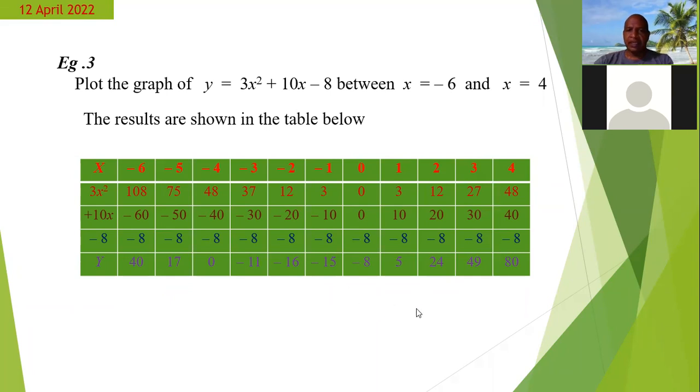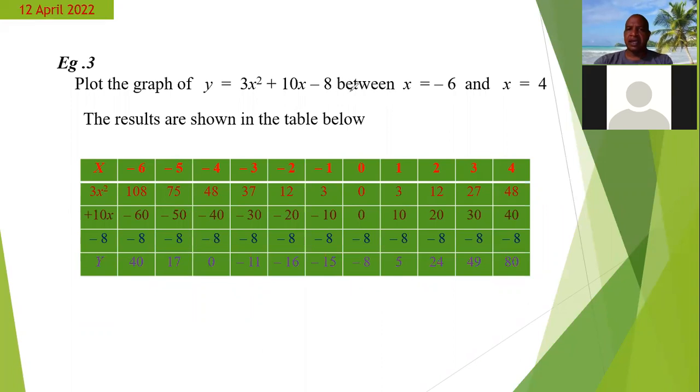So as I was saying, I'm just going to walk you through the calculation for the table so that when you're constructing your table, you'll understand what to do when you're calculating for a quadratic equation. All right, so as you notice here, our first row will take the range of values from -6 to +4. And so this is what they give you as a range for x.